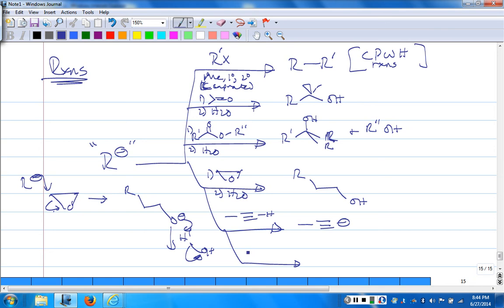And let's see, what else am I missing? So haloalkanes, carbonyls, esters, oxiranes, alkynes. Okay, I'm going to say that's it, the ones that we were responsible for. I think that would pretty much do it.